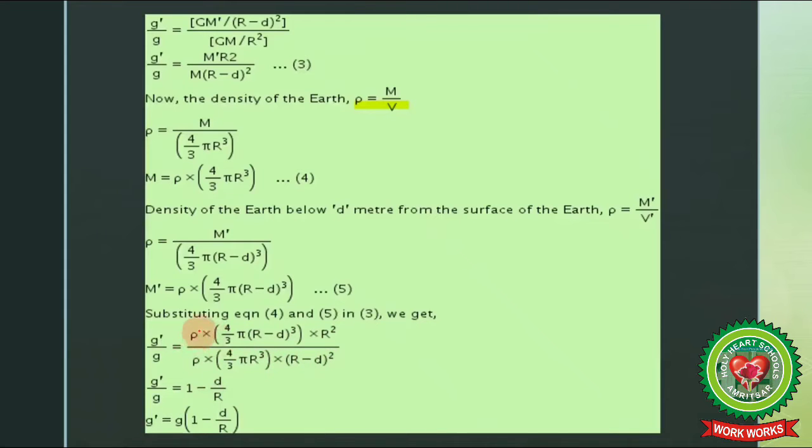And after solving this equation, this ρ and this ρ will get cancelled, and after solving the whole equation, we are left with g'/g is equal to 1 − d/R, and by cross multiplying, we get g' is equal to g(1 − d/R), and this is the relation for acceleration due to gravity at a depth d inside the Earth.